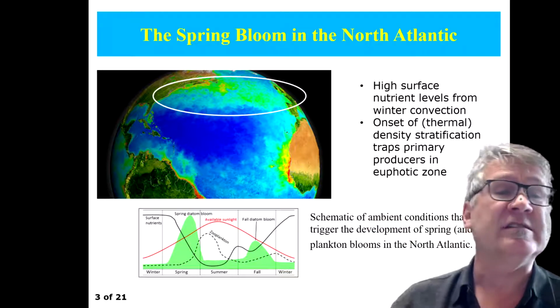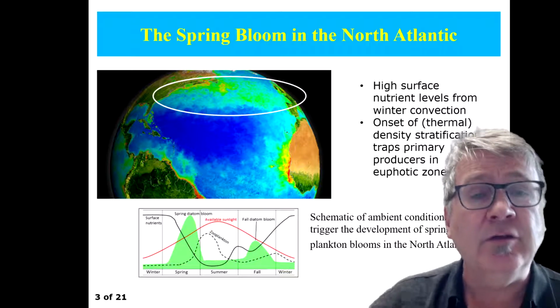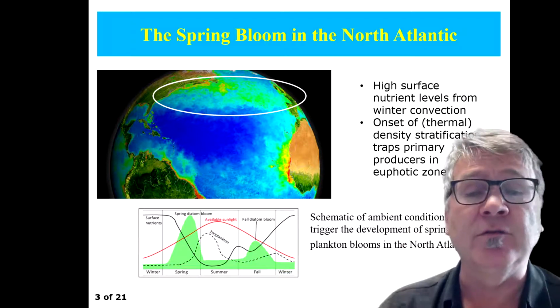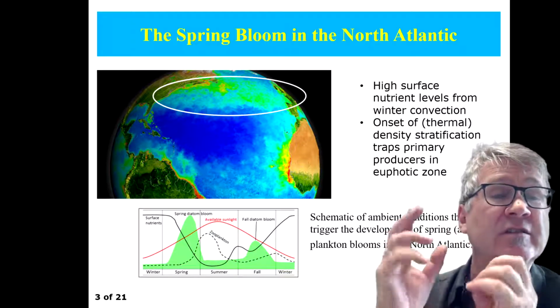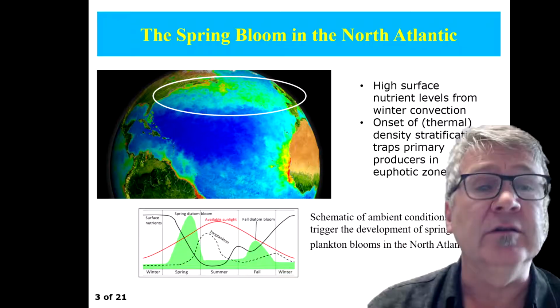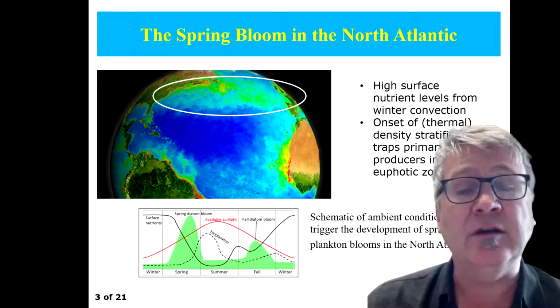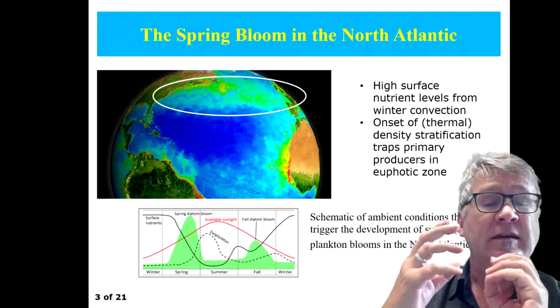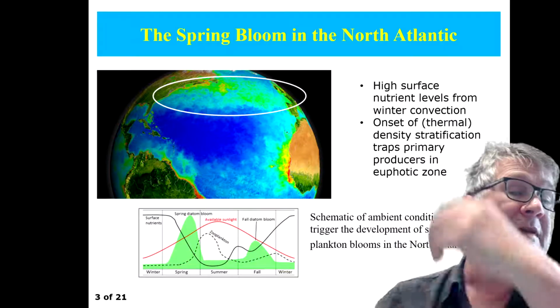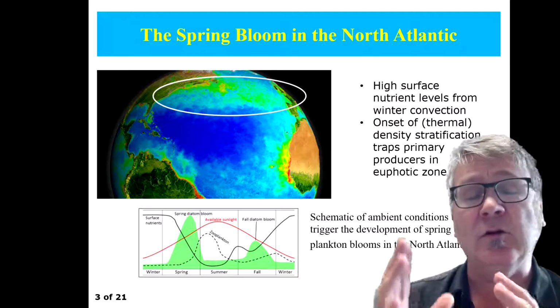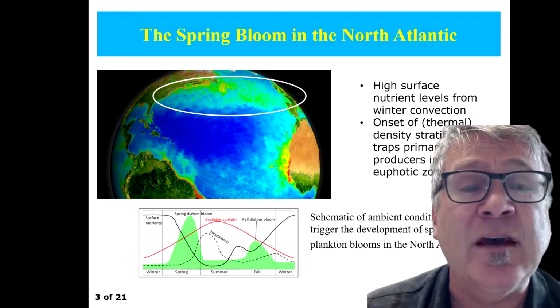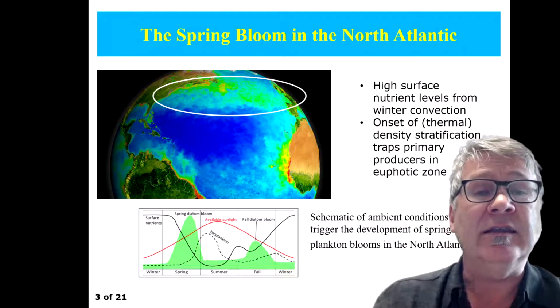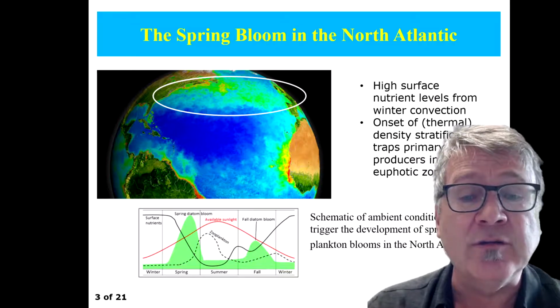And what this does is it actually lifts nutrients into the euphotic zone. But there is no significant production of plankton in the euphotic zone during winter time, because the plankton are mixed over 1,000 meters. They spend only a little bit of time in the surface mixed layer in the euphotic zone.